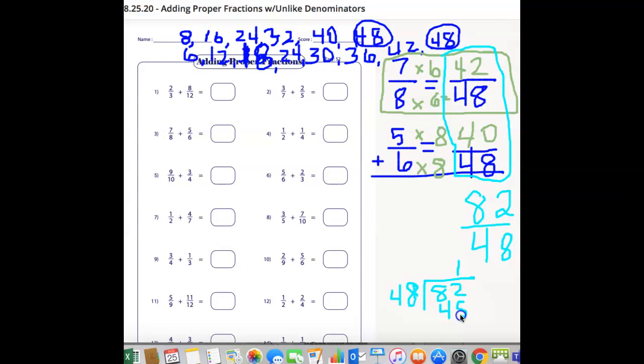And remember, this is sometimes guess and check. The reason that I know it's 1, because if I did 48 times 2, I will get 96.